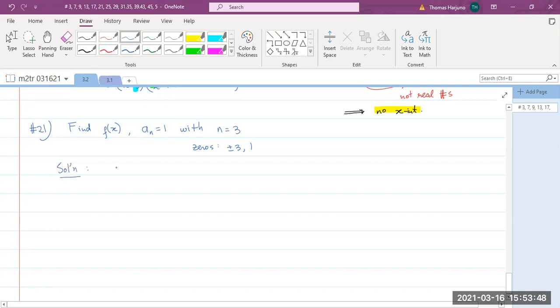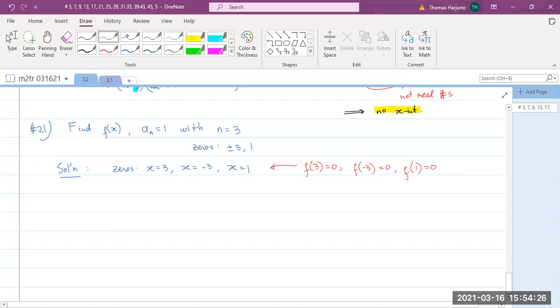Okay, the zeros are x equals 3, x equals negative 3, x equals 1. Remember what zeros mean? This means f(3) equals 0, f(negative 3) equals 0, f(1) equals 0. That's what it means.